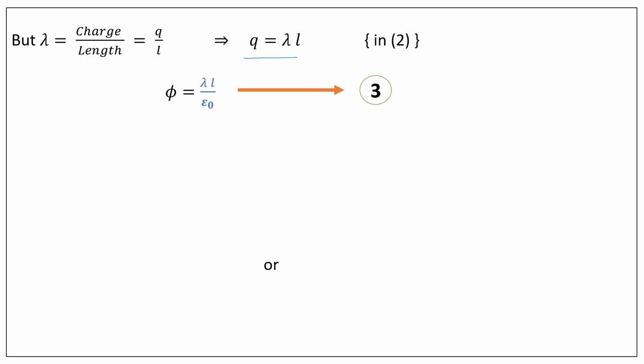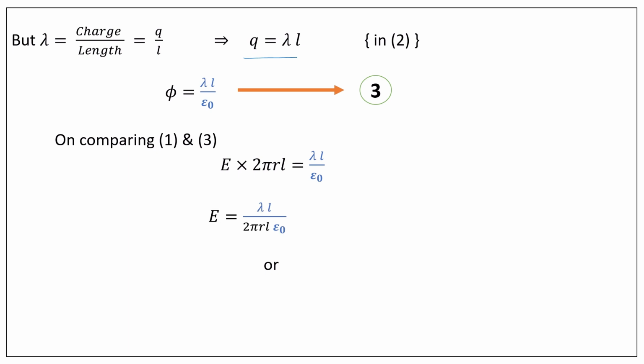We get phi is equal to lambda L by epsilon naught. Mark as equation 3. On comparing equation 1 and 3, we get E into 2 pi r L is equal to lambda L by epsilon naught.